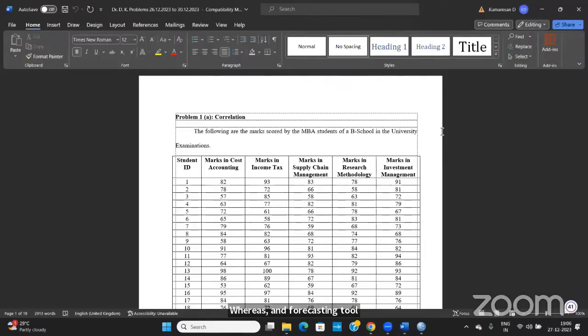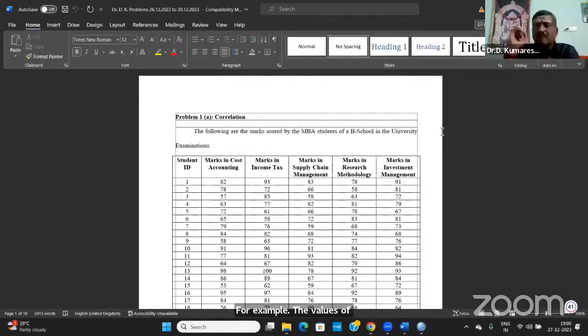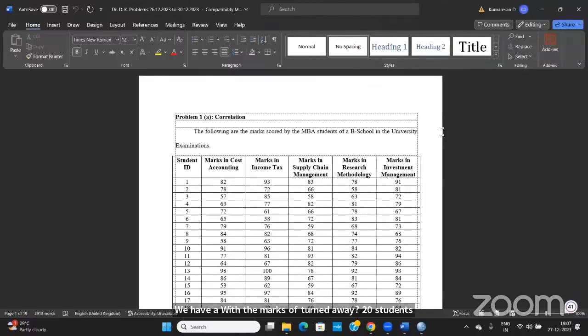For example, the values of 20 students, in this case, we shall take. 20 students' marks are given. Based on this, suppose we are provided with the marks obtained by 20 students only. After distributing the papers, you find that another student is also there.